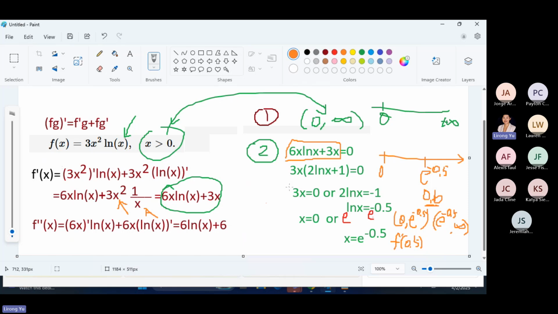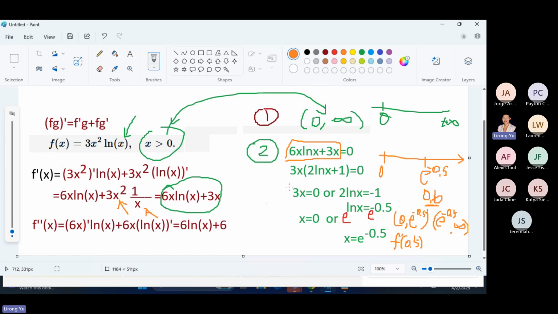And then I'm questioning why you're carrying over the e into that 6x natural log of x. Why would we? It's not supposed to equal 0, I suppose. Right, why do I carry the e?